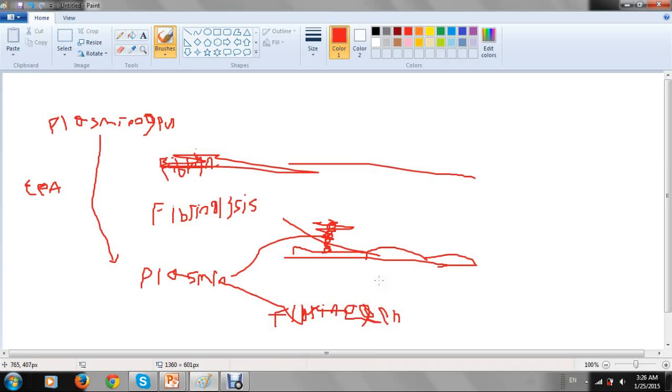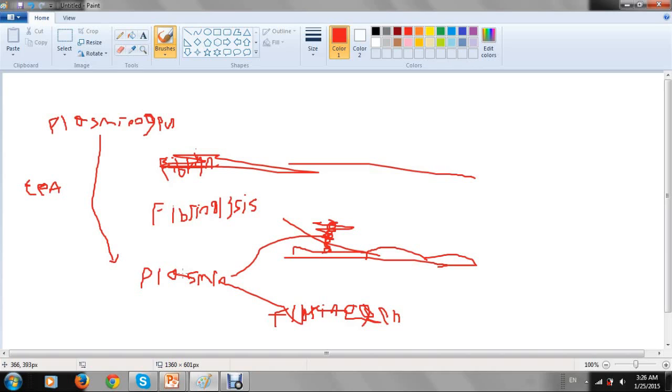By doing that, it prevents future blood clot or platelet plug formation. It destroys coagulation factors, and it also blocks platelet aggregation. So four things: cleaves fibrin clot, cleaves fibrinogen, destroys coagulation factors, and blocks platelet aggregation.